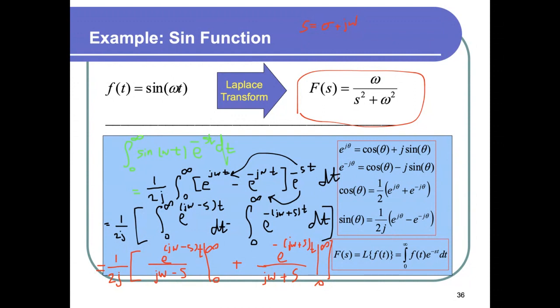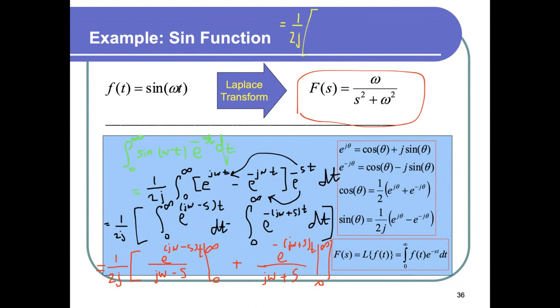So we have the following. This is equal to 1 over 2j.